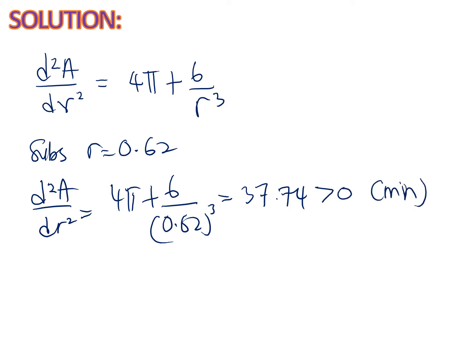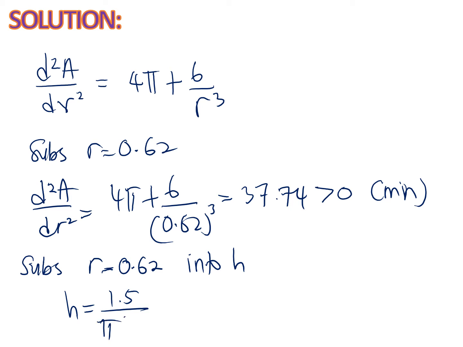So we substitute r equals 0.62 into h. So we will have h equals 1.5 over pi times 0.62 squared.